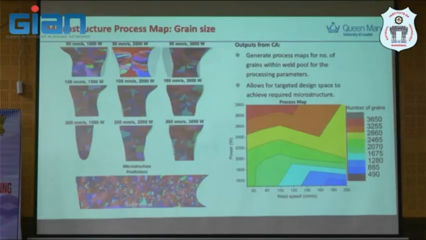So in terms of microstructure, to generate the process map here, the number of grains is also important, because whether or not you represent the real fusion zone that we are looking at. And then this is around the targeted design space to achieve the required microstructure. Because some microstructure is very equiaxed, some microstructure is very columnar grain, and they actually pose different properties, which I will show you now.